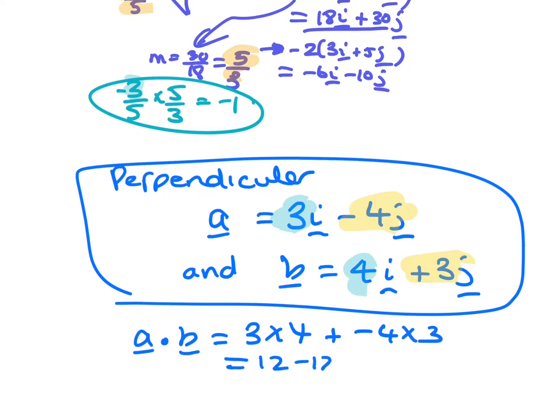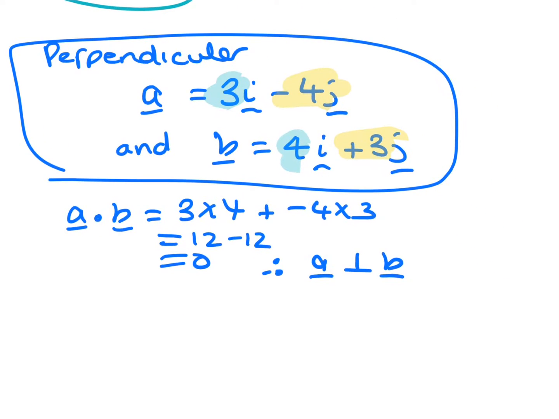So it's 12 minus 12, which is 0. So therefore A must be perpendicular to B, because the dot product is 0.